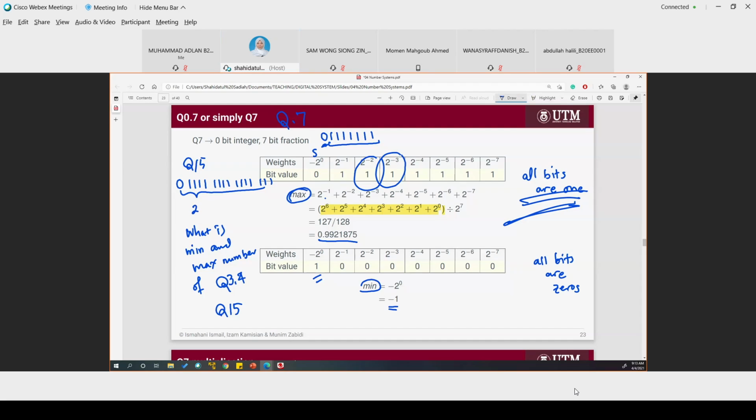So we just have to calculate 2 to the power of... what bit is this? This one. I draw the arrow here. This bit.